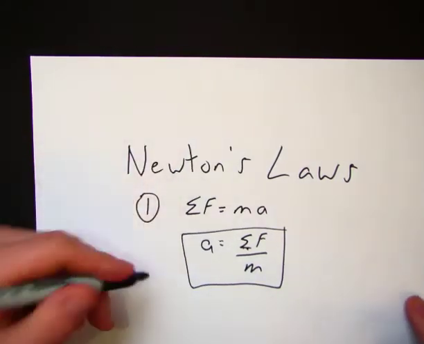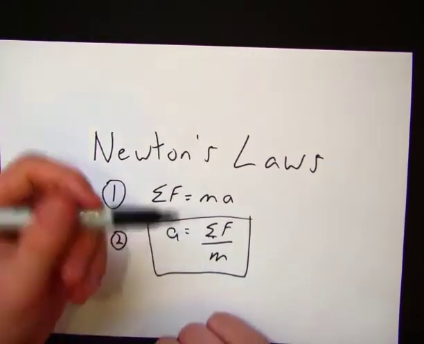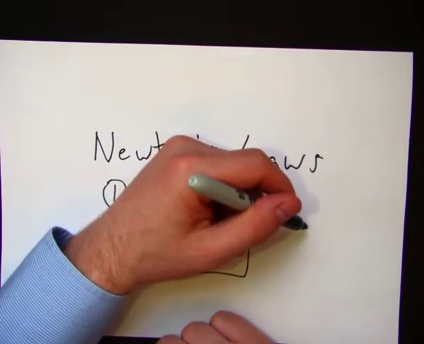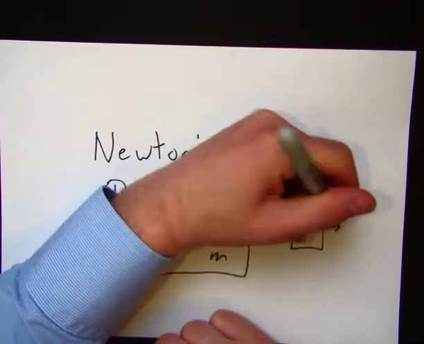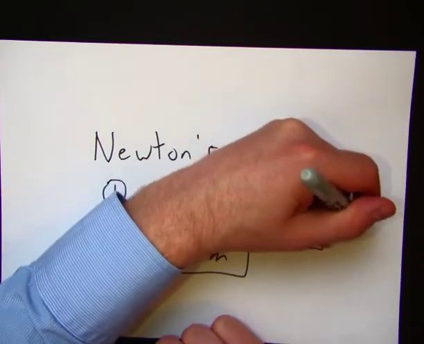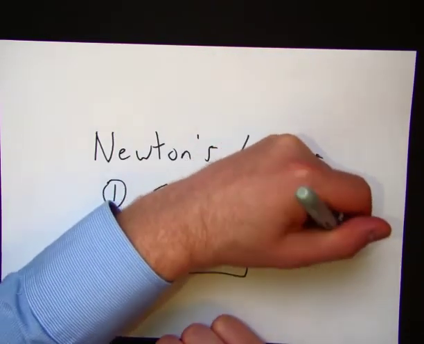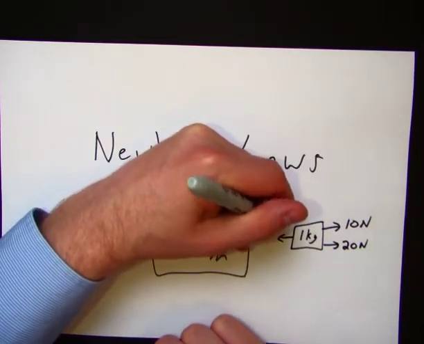Essentially, this is number 2, second law. It basically just says that if I take an object here, a 1 kilogram object, and I push with 10 newtons this way, and someone else pushes with 20 newtons this way, and someone else pushes back with 5 newtons this way.